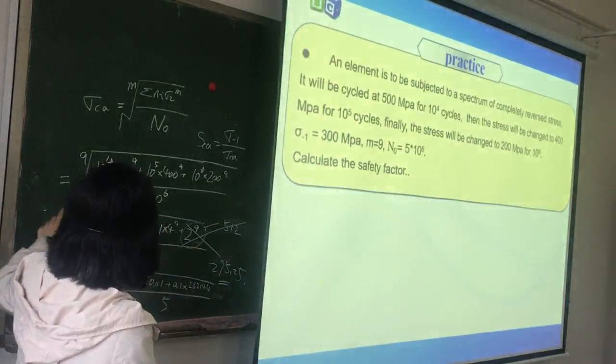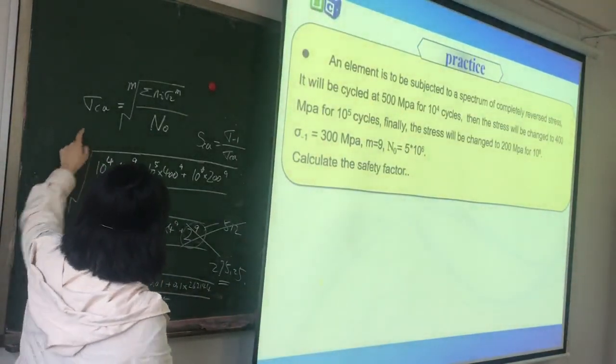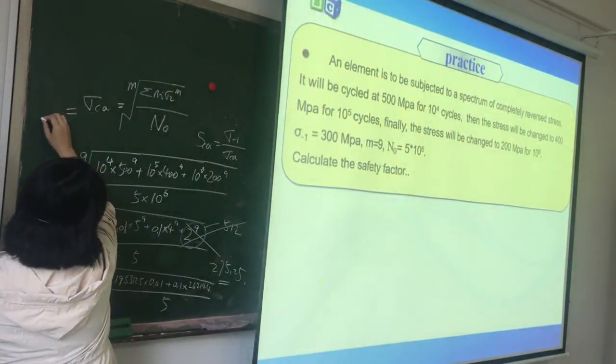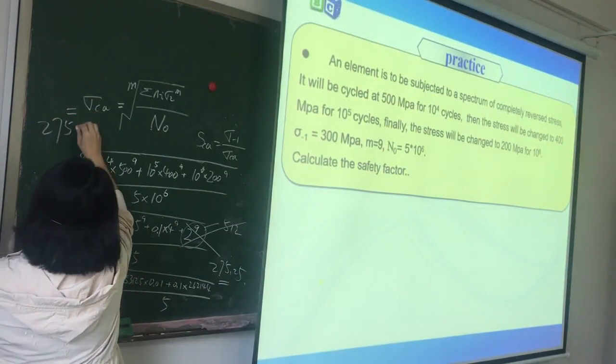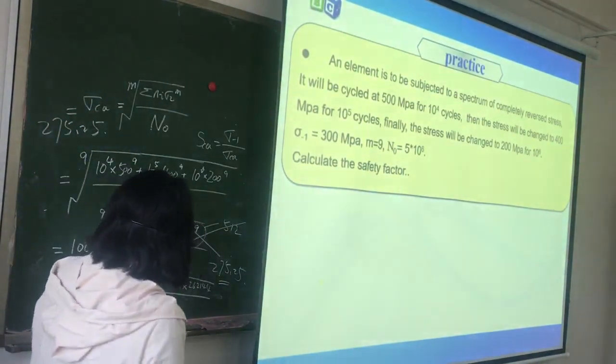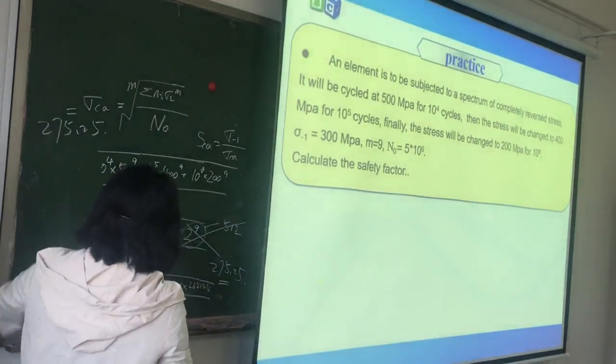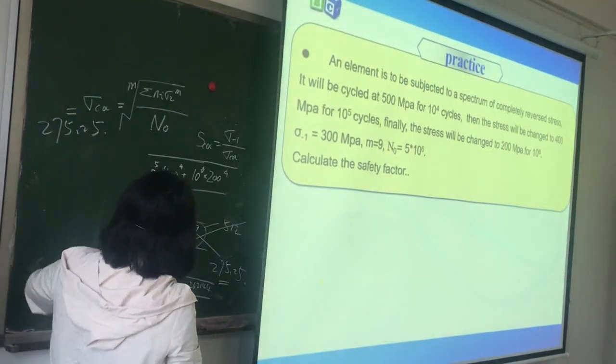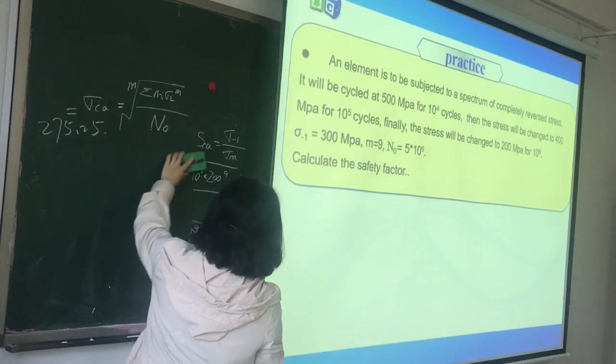Okay, so the sigma CA is this, and then we calculate the safety factor.